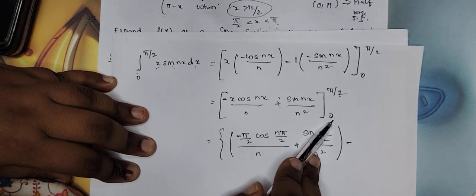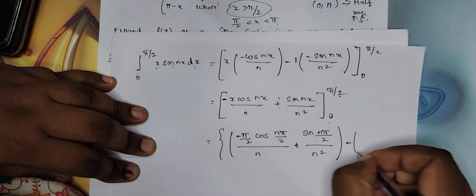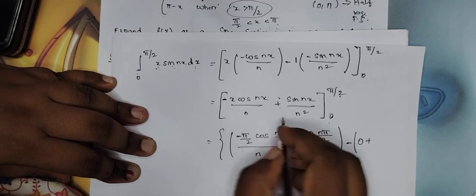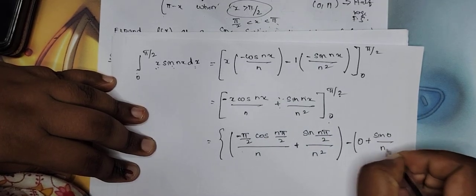Minus the lower limit, I will apply. So in place of x I'll put 0. So 0 into cos is 0, so the first term will be 0, plus sin 0 by n square.